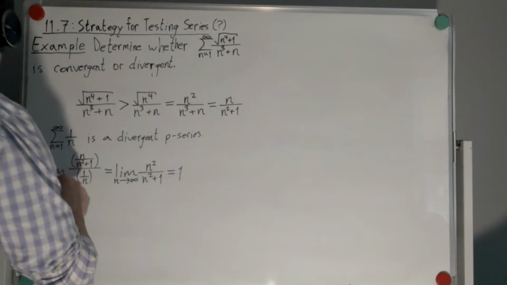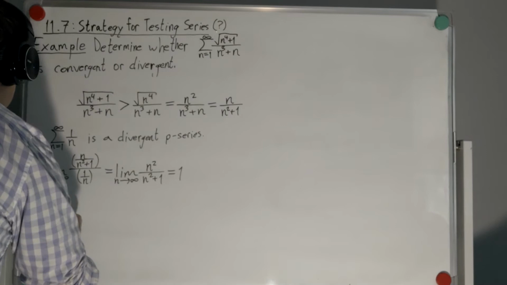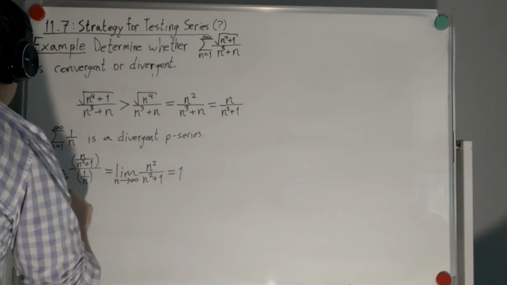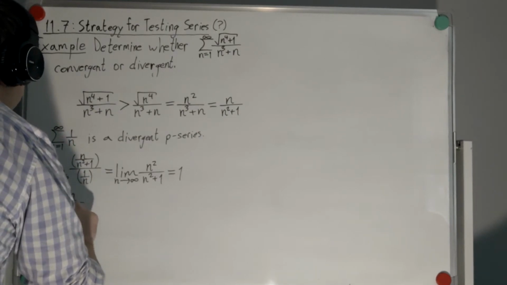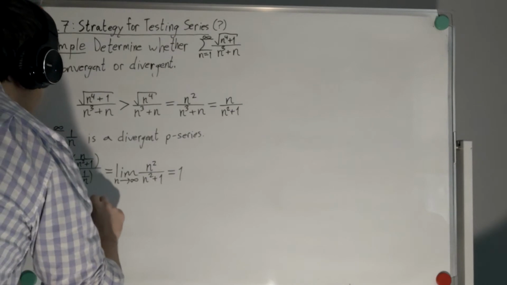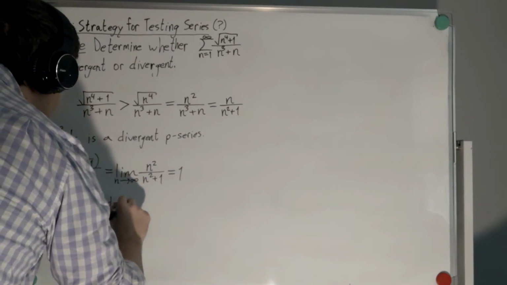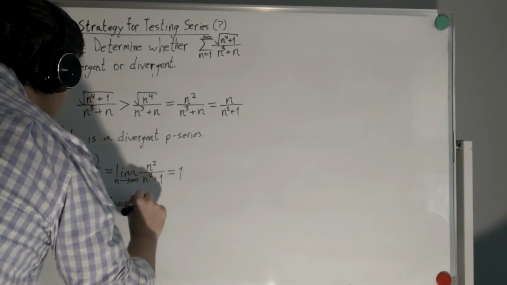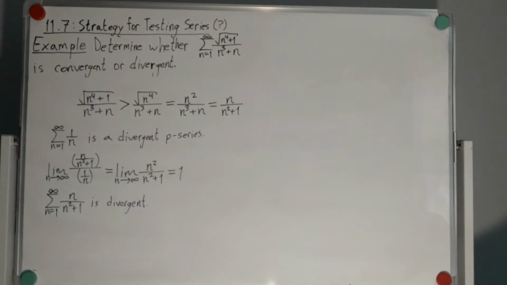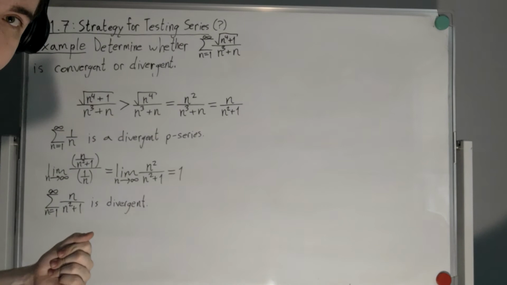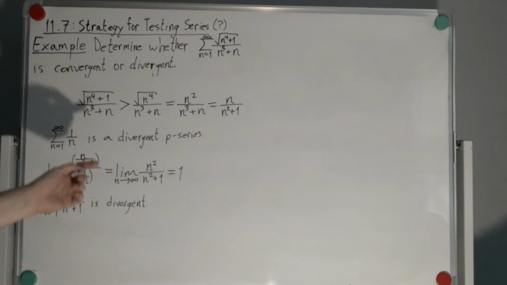Okay, so this means that the sum from n equals 1 to infinity of n over n squared plus 1 is divergent. And now if that's divergent, and this thing has larger terms, then that means that this thing is also divergent.